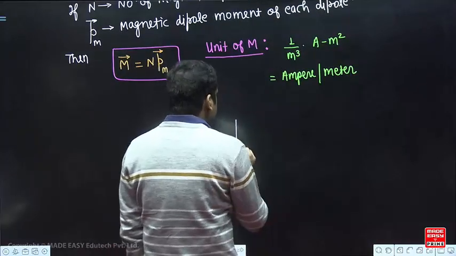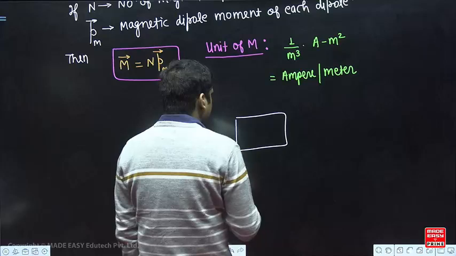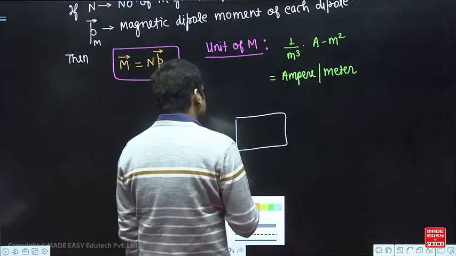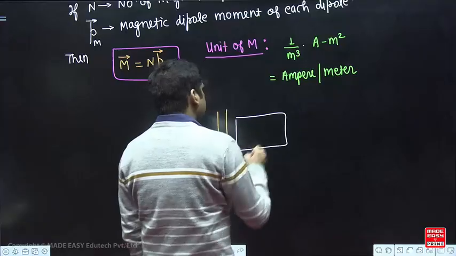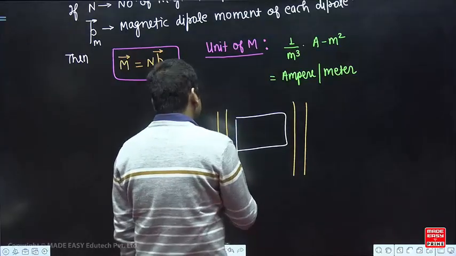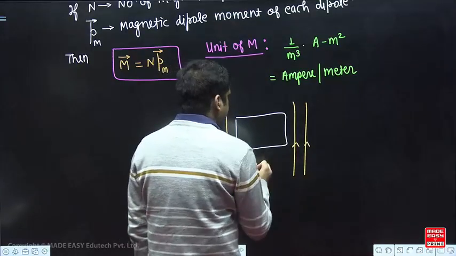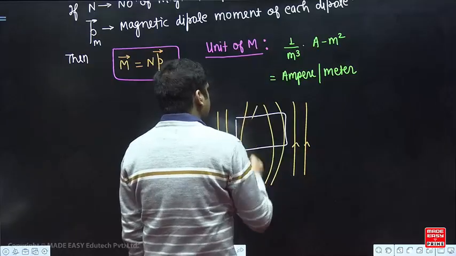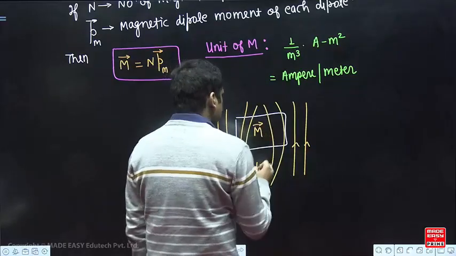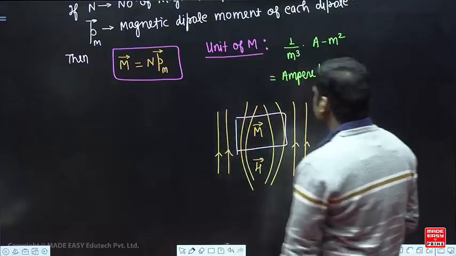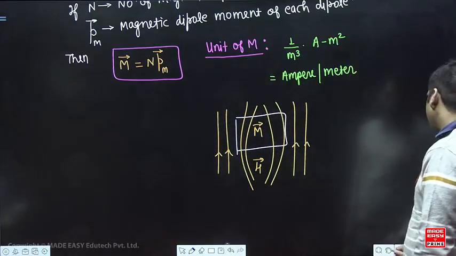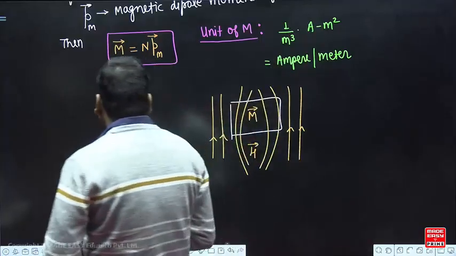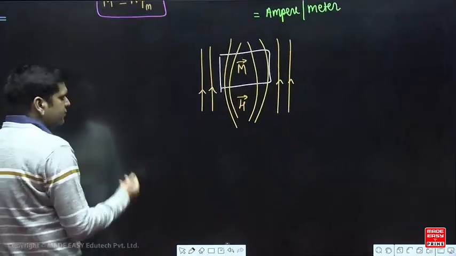So let us suppose this is a magnetic material, and you put this material into a certain magnetic field, you apply a certain magnetic field H. So this material will induce some magnetization M also. So overall flux is due to both M and H. M is internally induced magnetization and H is the applied field.